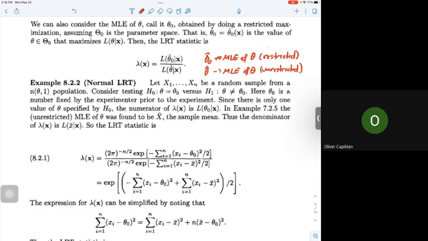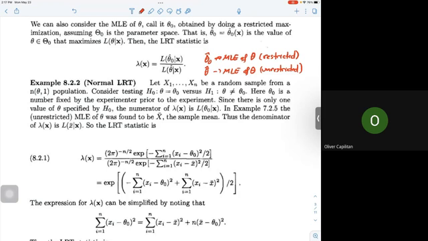So here our theta sub 0 is a number fixed by the experimenter prior to the experiment. And since we have only one value of theta in our null parameter space specified by our null hypothesis, the supremum of the likelihood function over the entire null parameter space will only contain this value theta sub 0.